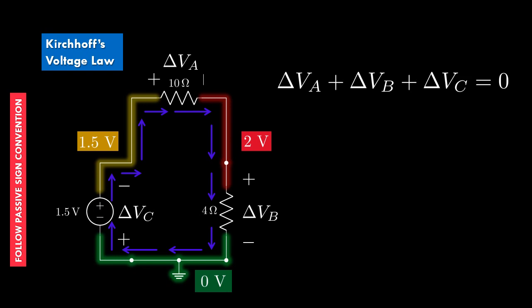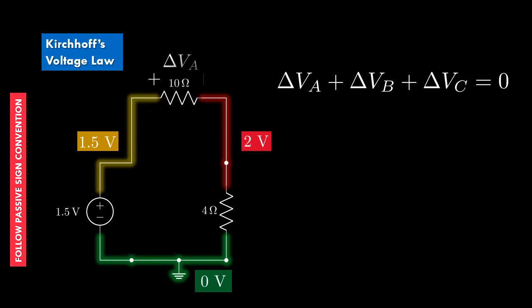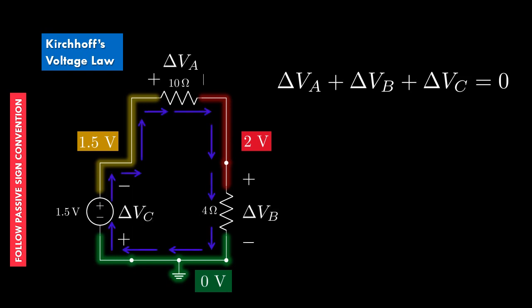Keep in mind that you have to follow passive sign convention here as well. So when you are walking over a component, make sure to take the plus minus sign in such a way that when you are walking, you are always walking from positive to negative terminals. And if you do that correctly, all the voltages should add up to 0.